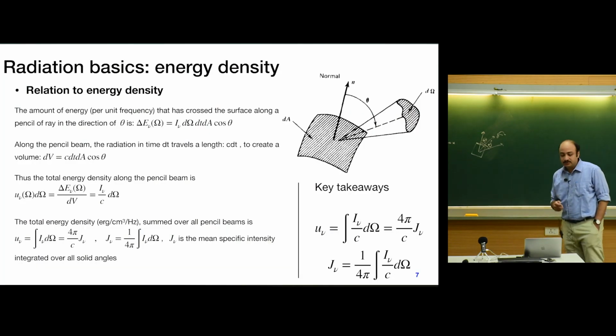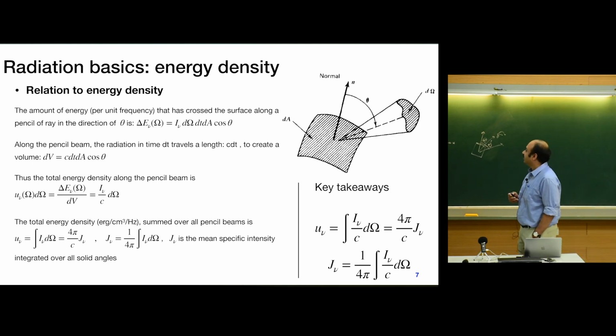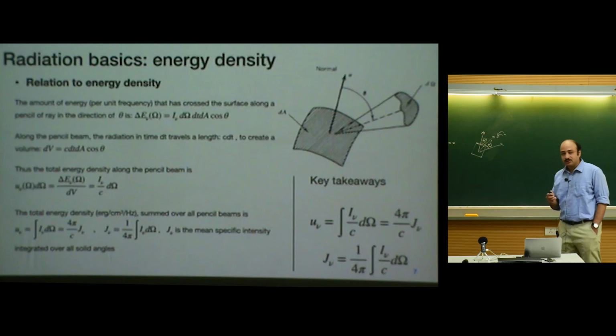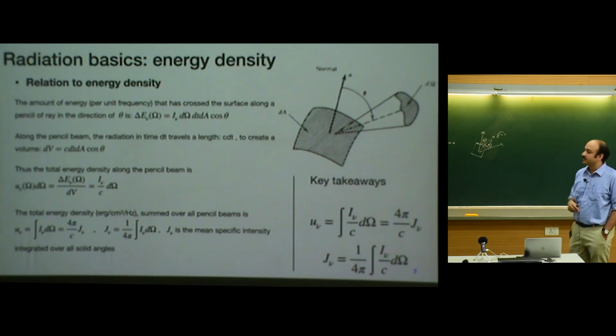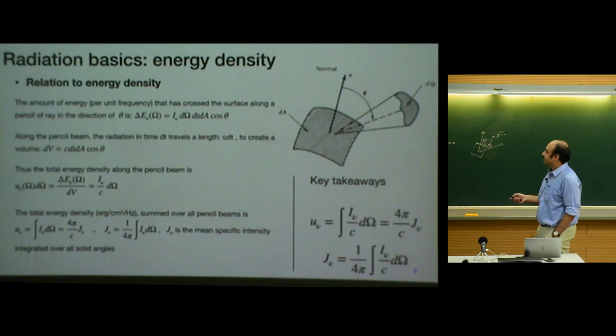Now, we will try to relate what is the relation between intensity and energy per unit volume. So energy per unit volume is total amount of energy in a unit volume. And how is it related to intensity? So let us go back to the basic definitions of intensity in the first place.